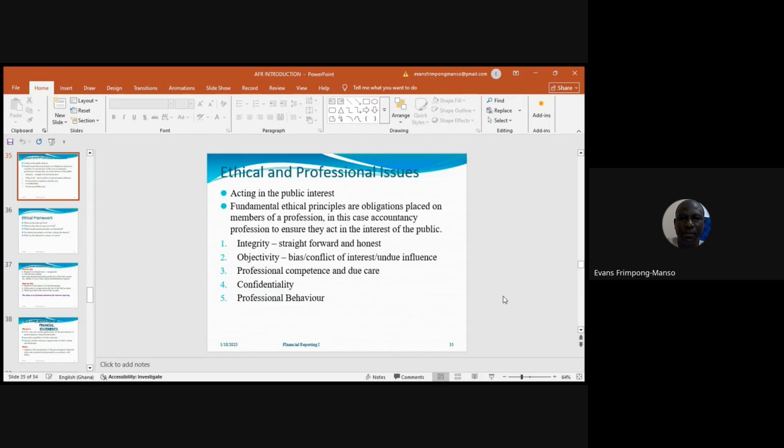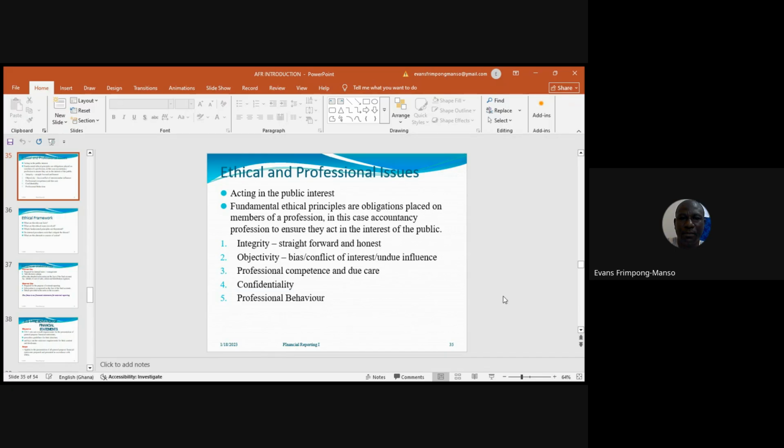Your behavior should be that of someone who is seen as a professional, so that if you go contrary to your professional ethics, you will be sanctioned by your professional body.